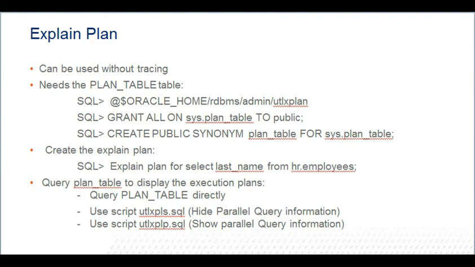Other way of displaying Explain Plan results: we can also use the dbms_xplan package to display the output of an Explain Plan statement in an easily readable format. Here is an example that shows how to use the dbms_xplan package to produce the output of the most recent Explain Plan statement.